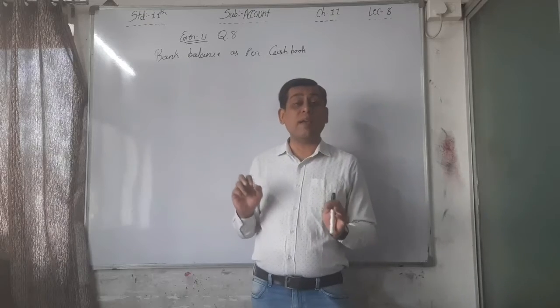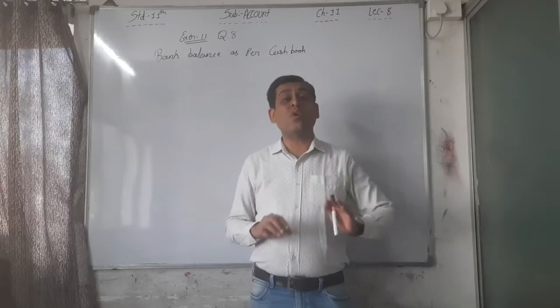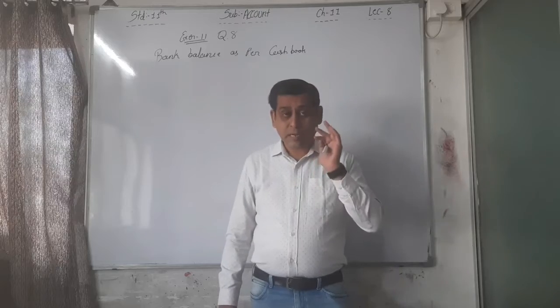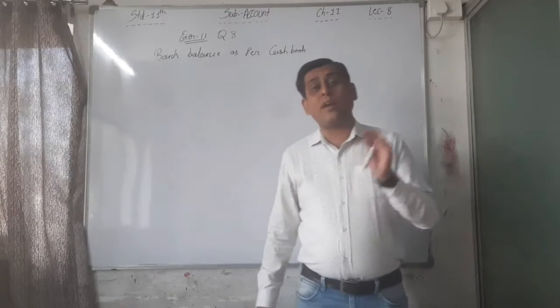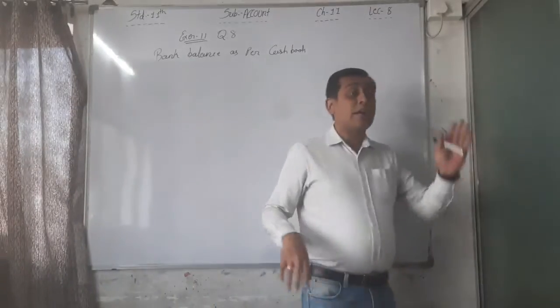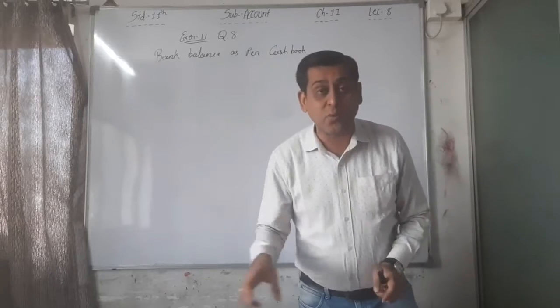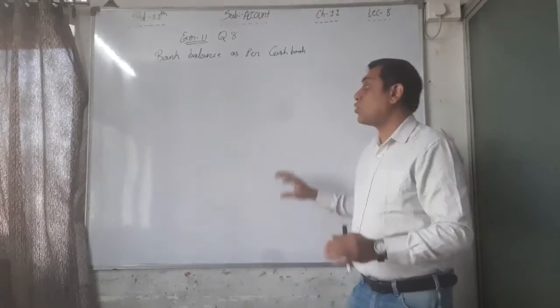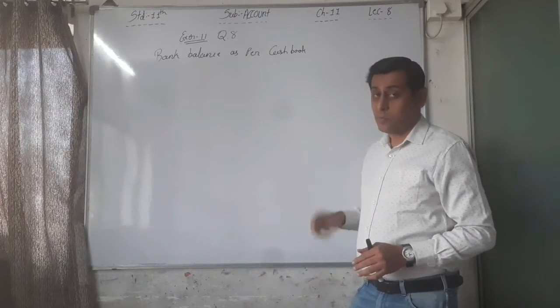What we have to record in the bank reconciliation statement is just the amount recorded in one book and not recorded in the second book. That is, recorded in the cash book but not in the passbook, or recorded in the passbook but not in the cash book. That situation we have to record in the bank reconciliation statement.